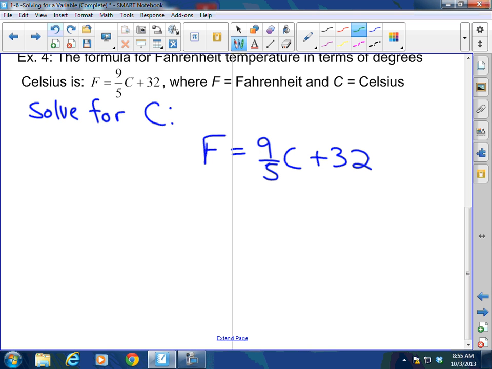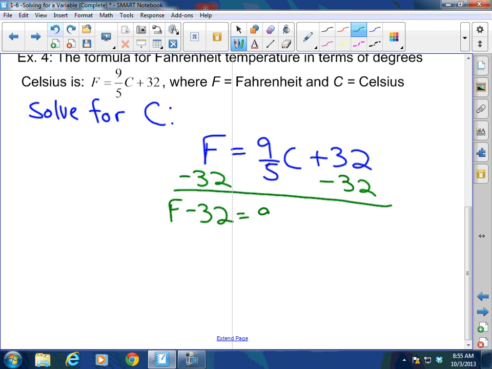What am I going to do, guys? There you go. I'm going to subtract 32 from both sides. Now, F minus 32, are those like terms? No. So can we combine those together? No. So this is F minus 32 equals 9/5 C.